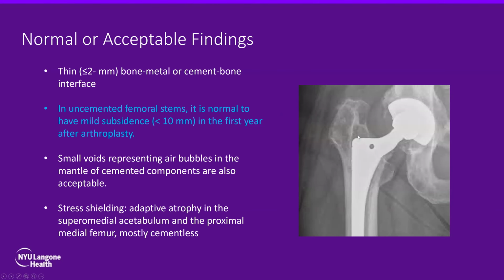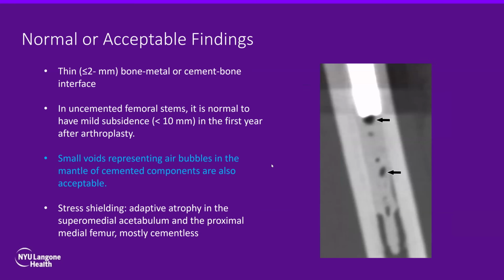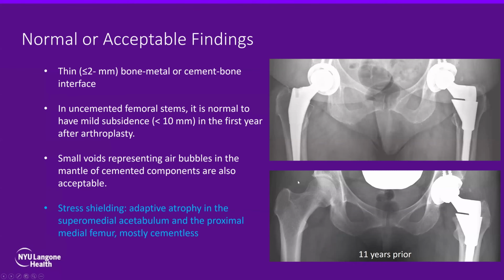If you have subsidence or inferior migration of the implant, less than 10 millimeter is good. We discussed that we do this on purpose, right? That's good. If you see bubbles in the cement, that's acceptable because it's cement, so sometimes during the surgery, we have air bubbles.